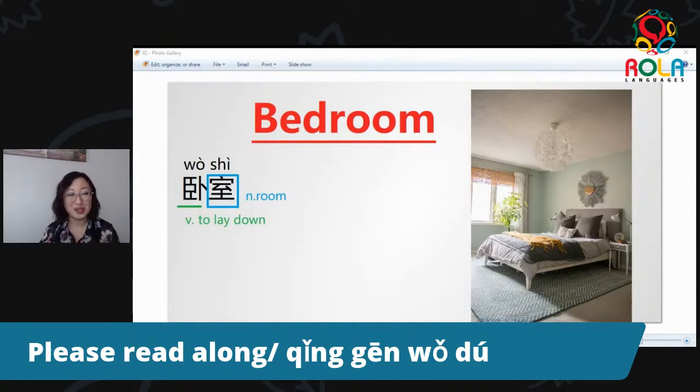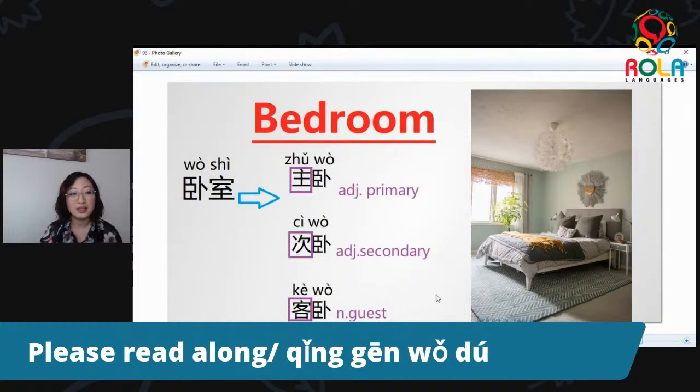Yes, 卧室. Okay, and on top of that, let's learn to talk about different kinds of 卧室. I'll give you 3 phrases, and then I think you guys can guess what they mean. The first one, 请跟我读主卧. 主卧. 主 is an adjective. It means primary.